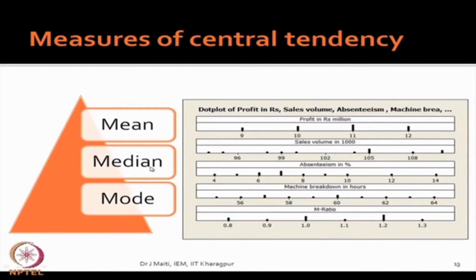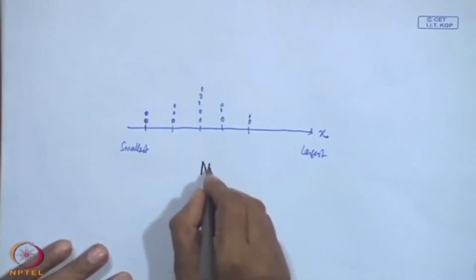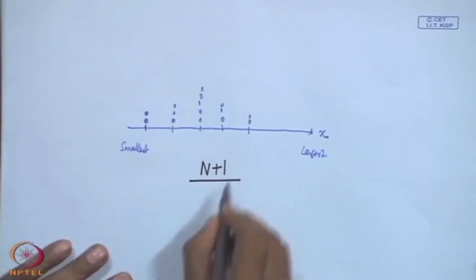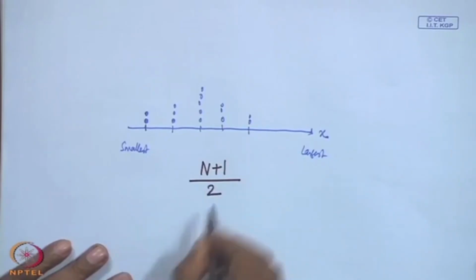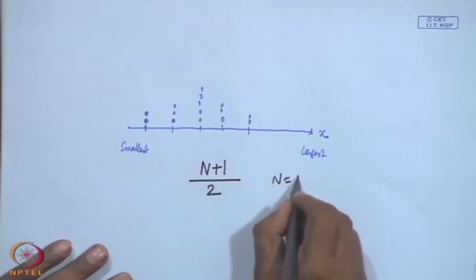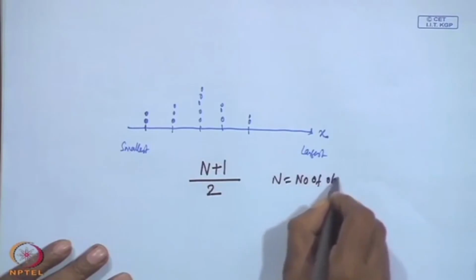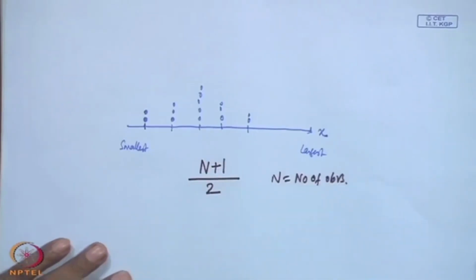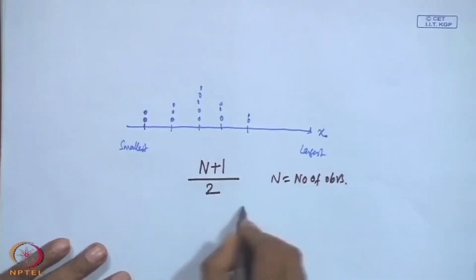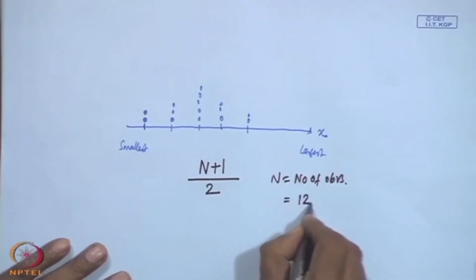Mean you have already seen, median is the middle value. How do you compute the median? For computation of median you have to find the position (n plus 1) by 2, where n is the number of observations. In this particular example n equals 12 because it is 12 months data.